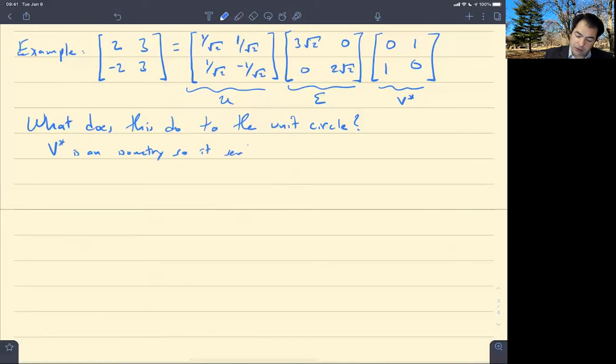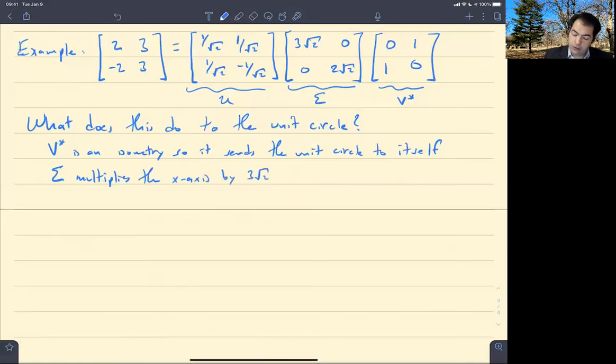So it sends the unit circle to itself. Sigma multiplies the x-axis by 3 times square root of 2 and y-axis by 2 times the square root of 2, and then U rotates clockwise by pi over 4, which is 45 degrees.